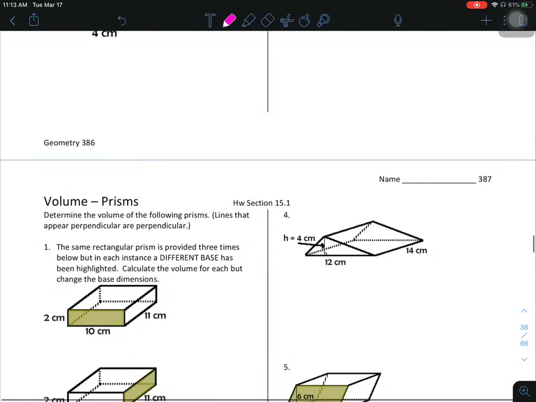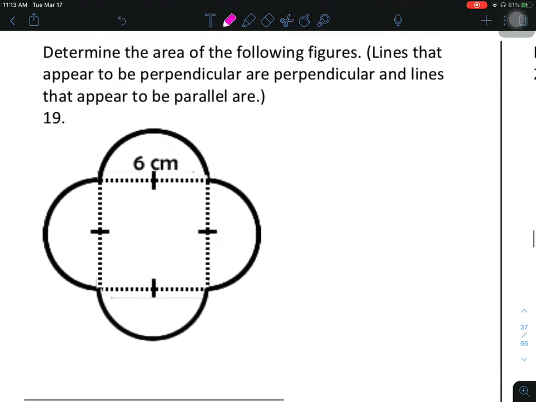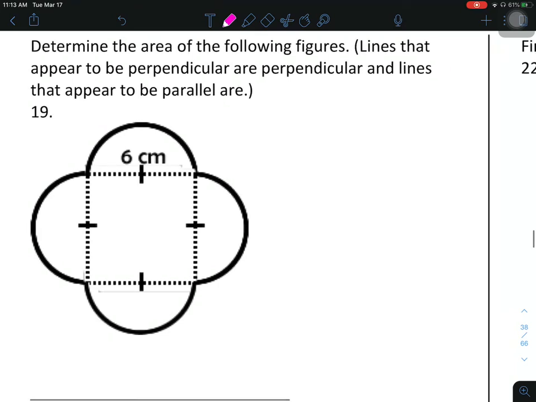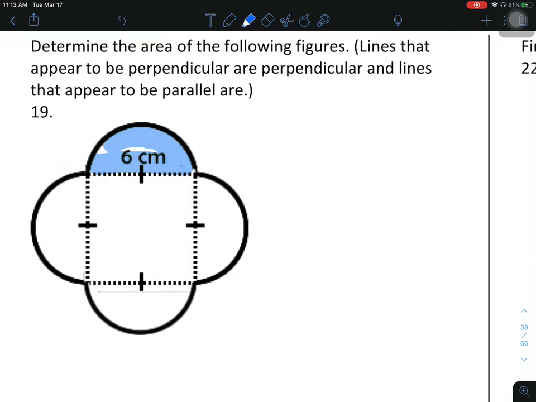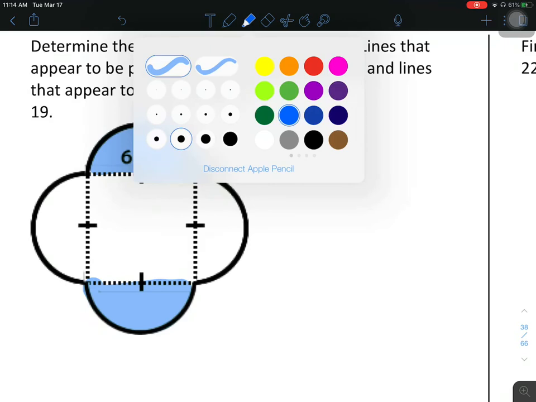All right, we're getting closer. Determine the area of the following figures. Now check this out. If I took this semicircle and paired it with this semicircle, I'd find myself with a complete circle.